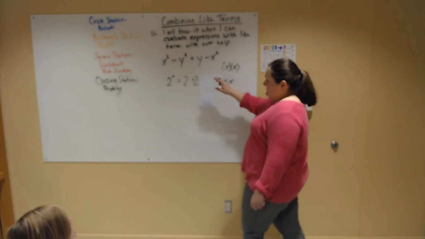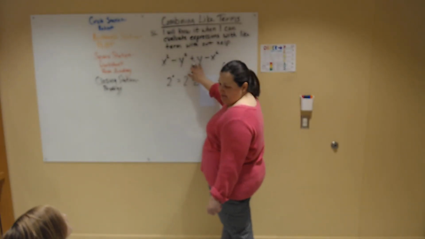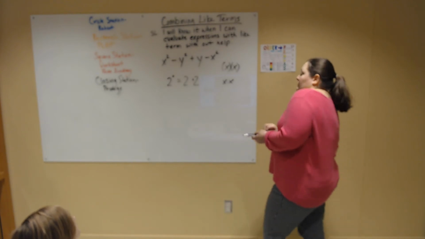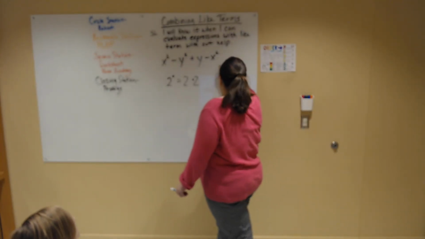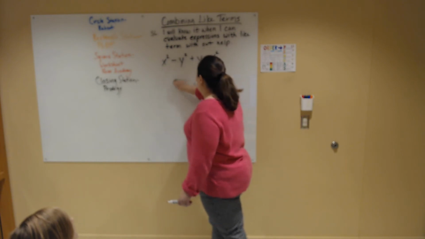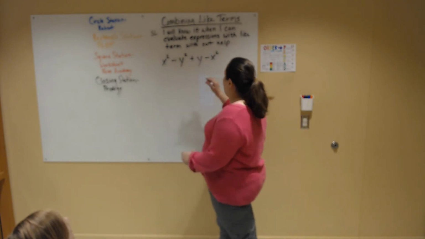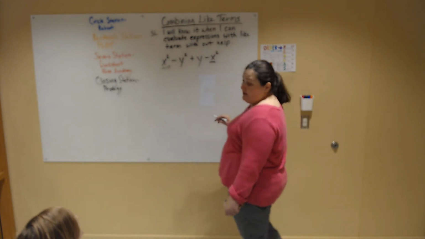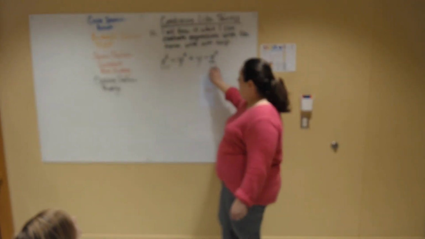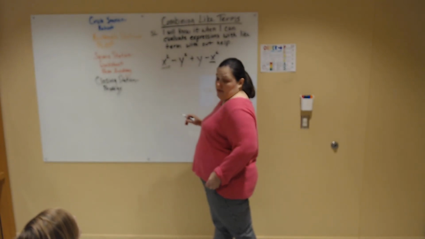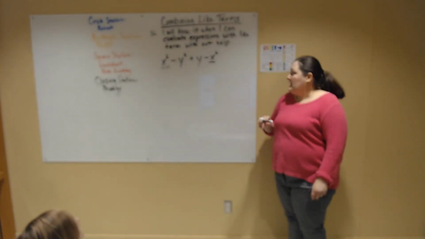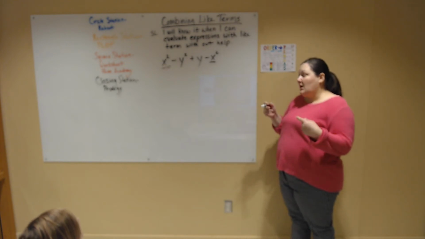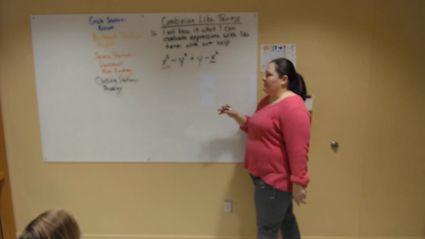So this means that these are not the same kind of value, and we can't put those two together. The y squared and the y we cannot put together. But look, we can put our x squared and our x squared together. So what would this be if we were to put these two x's together? x4? Good guess. Now if we were multiplying, it could equal that.